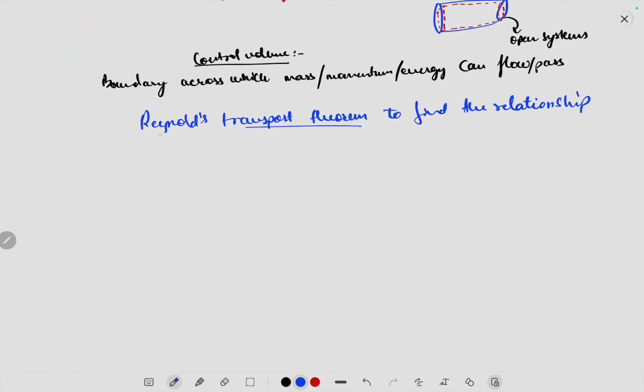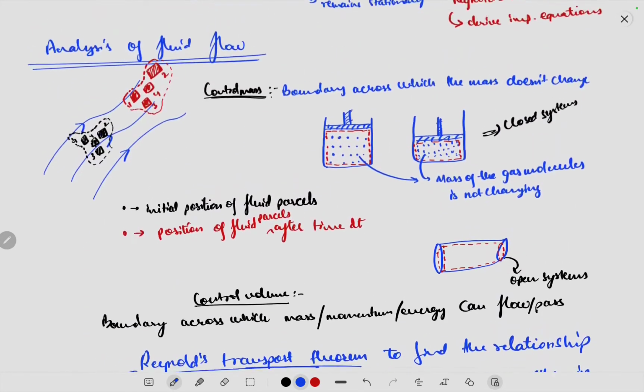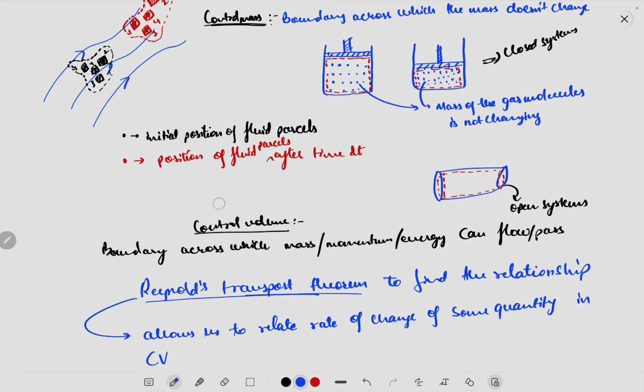So Reynolds transport theorem allows us to relate the rate of change of some quantity in CV. So the shorthand notation for this control volume is CV and the shorthand notation for this is CM.